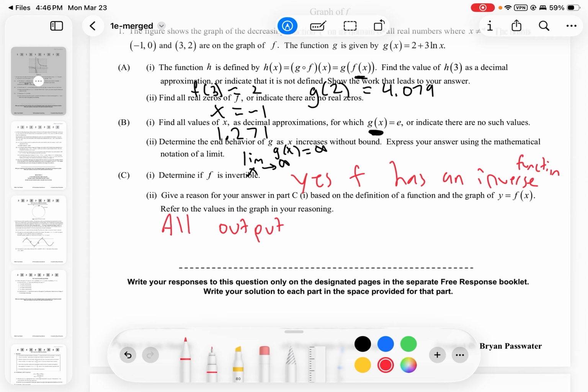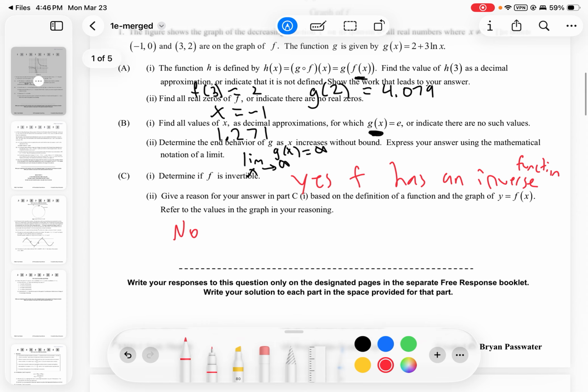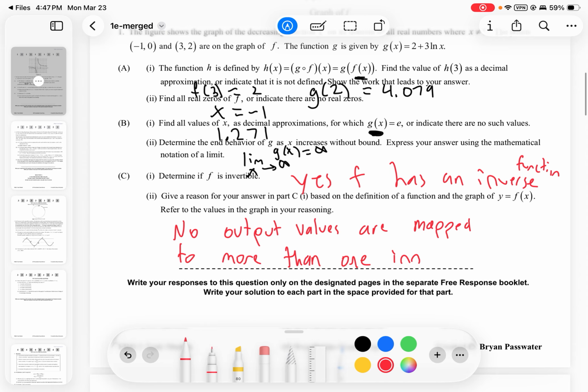All output values, or maybe I'll say no output values, are mapped to more than one input value.